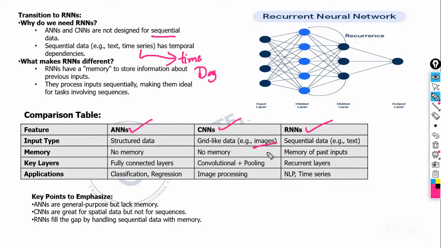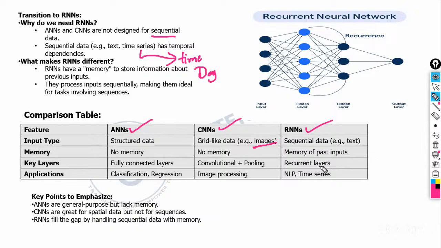In the convolution layer, the convolution operation happens, and the pooling layer reduces the dimensionality. Once the pooling layer is done, we again have the fully connected layer where we get the output at the end, the prediction. Then in RNNs, we'll have recurrent layers.